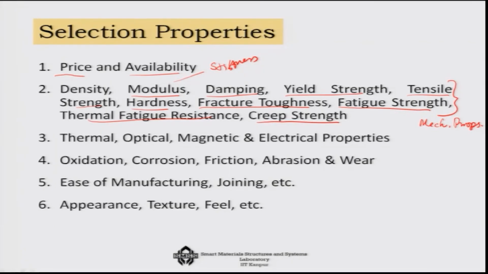Other than that, there could be some more properties very specific to the application, but these are definitely some of the very important mechanical properties that we need to look into before we select a particular material. Next, we are going to talk about the other properties like thermal, optical, magnetic and electrical properties.